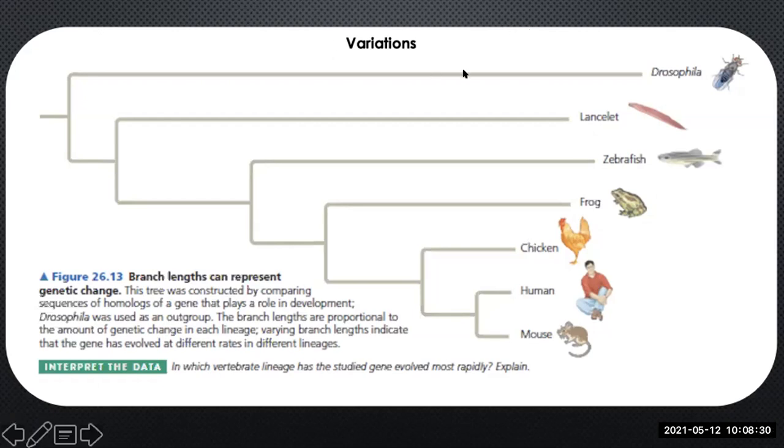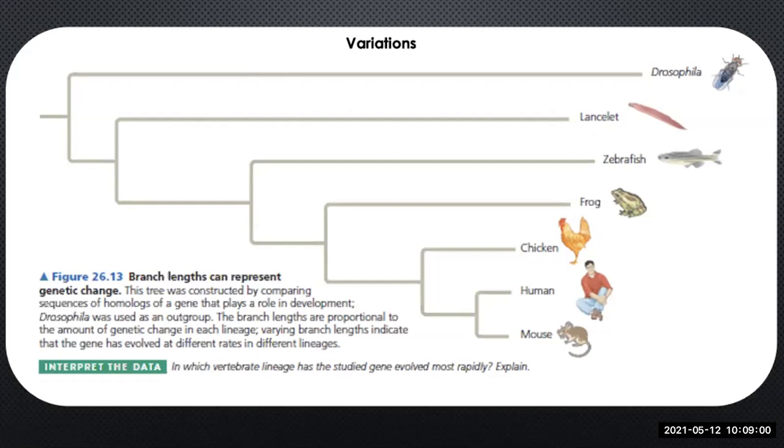And then also specifically in this one, they're talking about how it could be genetic change. How much genome difference is there between each of these organisms? And so once again, flies, the Drosophila, fruit flies, have the largest genetic difference from this common ancestor and these other organisms. And so that's why in papers and stuff, figure legends are really important.